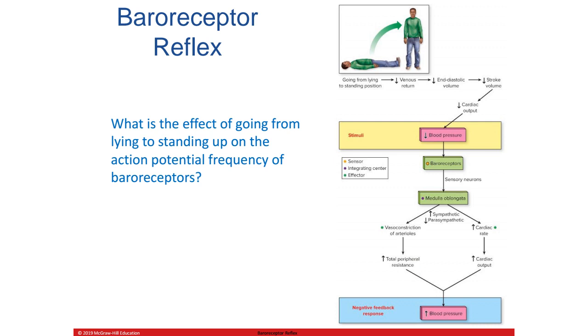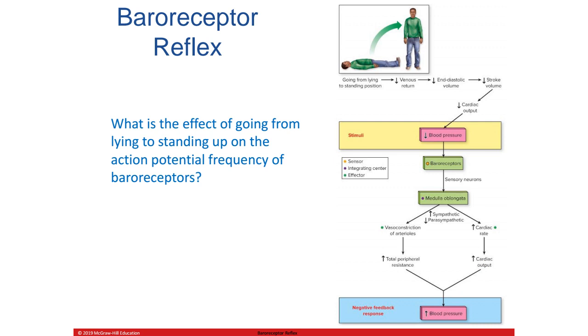At the same time, both the sympathetic and parasympathetic nervous system have an effect on cardiac rate. So in this case, when this person goes from lying down to standing up, they should have an increase in cardiac rate to help make up for this poor venous return. And this will lead to an increase in cardiac output again, and this will also lead to an increase in mean arterial pressure.